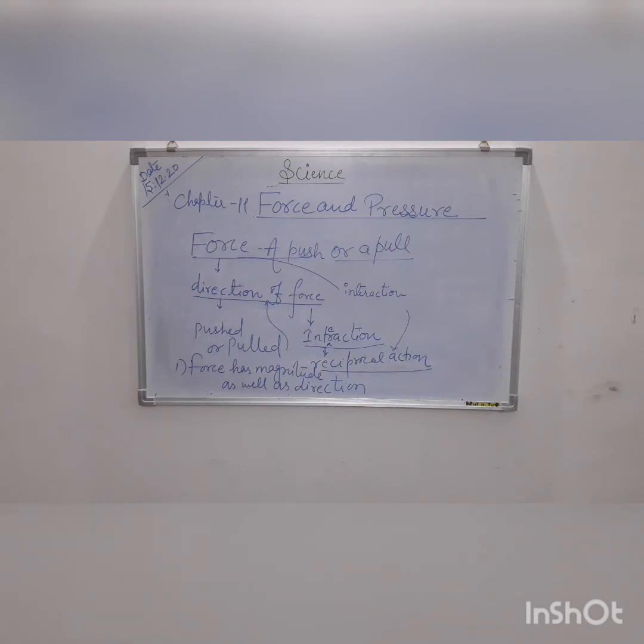Now, force has magnitude as well as direction. An adult man can apply a large force on an object, whereas a child can apply only a small force on an object. This means that a force can be larger or smaller than another force. What are we discussing, children? Magnitude, that is the amount of force.